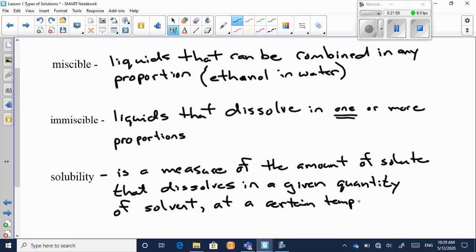So it's a measure of the degree to which a solute will dissolve.